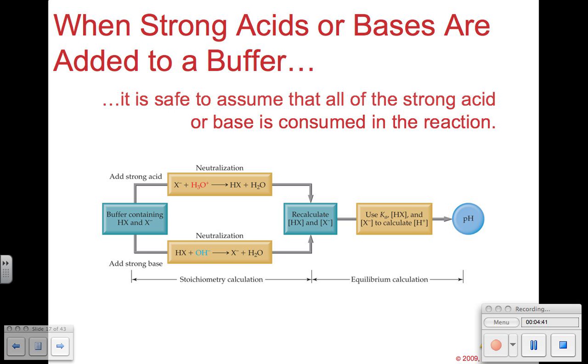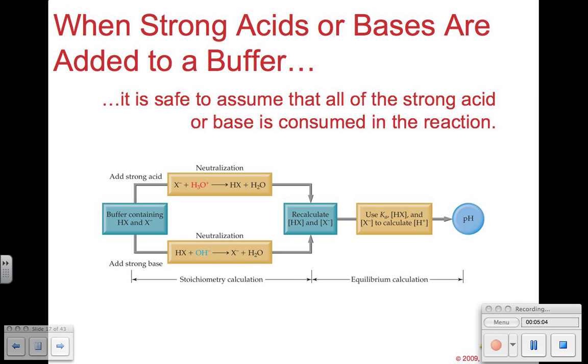When strong acids or bases are added to a buffer, it is safe to assume that all the strong acid or base is consumed in the reaction. So we assume that the strong acid goes in and interacts with the conjugate base, and if we put in a strong base, it interacts with the weak acid completely. There's nothing left beyond that.